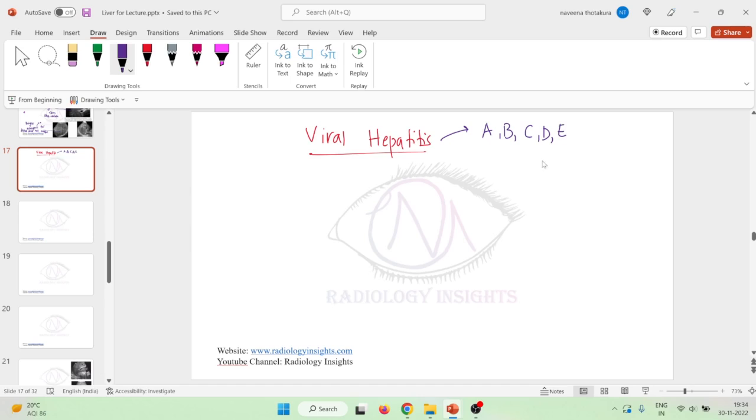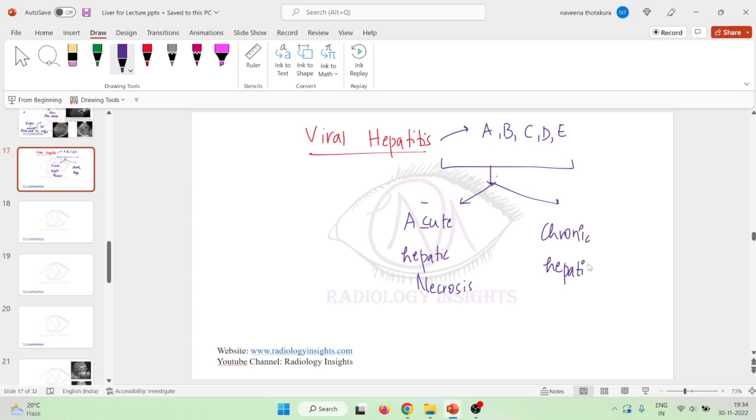Any type of hepatitis can result in two complications. One, these hepatitis can cause acute hepatitis or acute hepatic necrosis. Second, the patient can develop chronic hepatitis also.